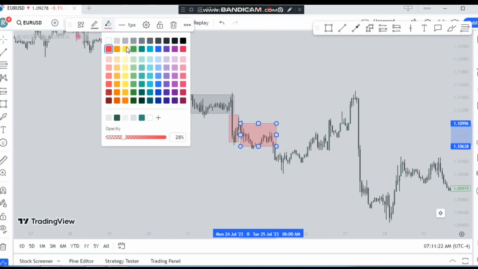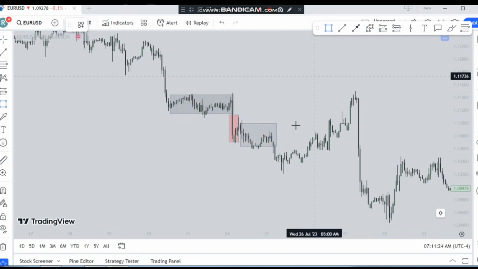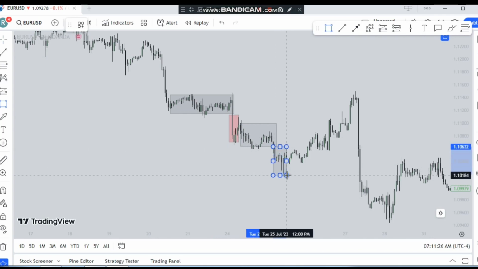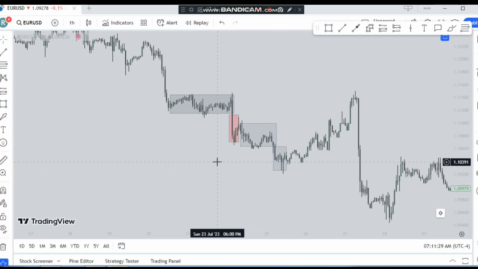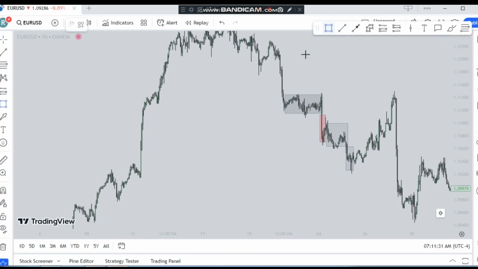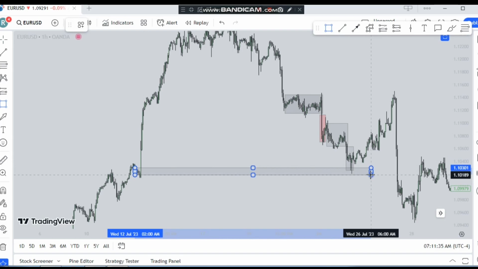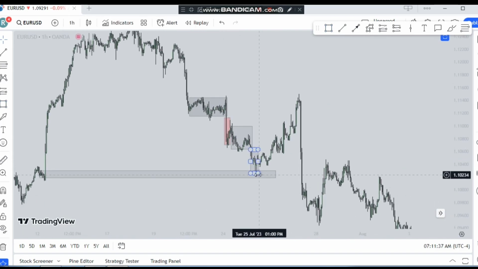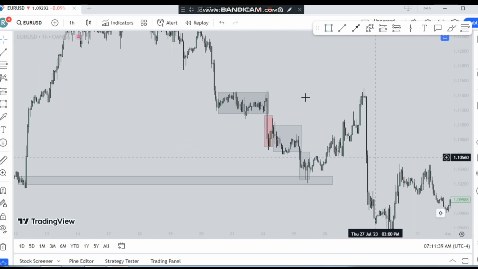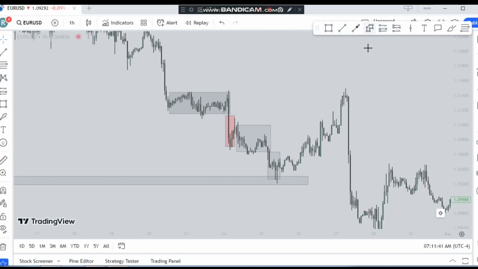Again you can see, then this happened, the market structure shift to the downside, but this time it retested this order block. Okay, you can see there was an order block on 1 hour, so it retested this point, and then once it went up, you can see the market structure shift happened to the upside.